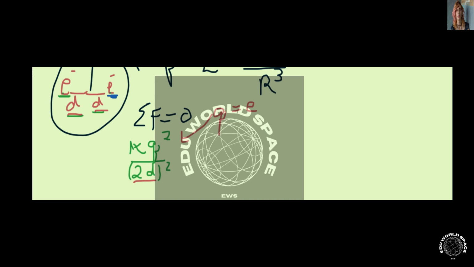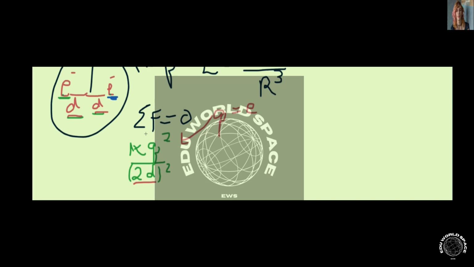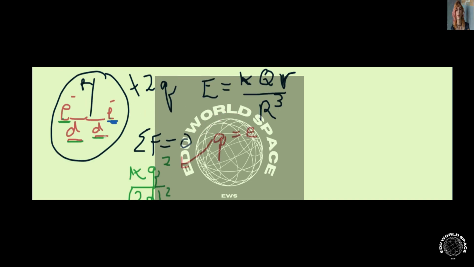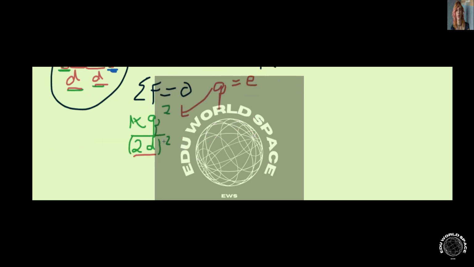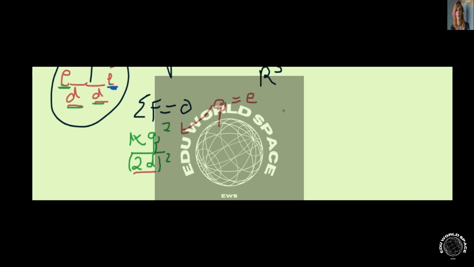All right, now what about the force on the green electron due to this non-uniformly charged sphere? Well, in order to figure that out, we have to remember that there can be a force on an object if it has some charge and it's in the presence of an electric field. So here we go.